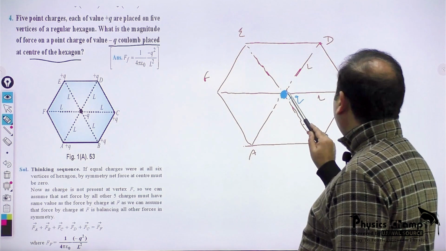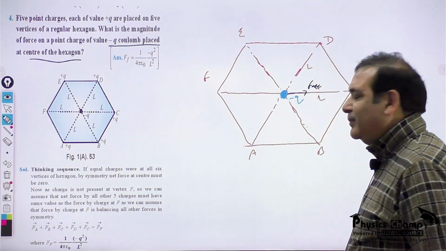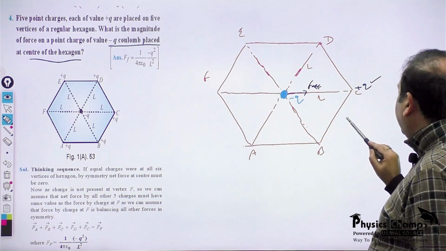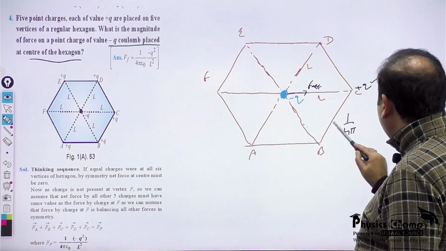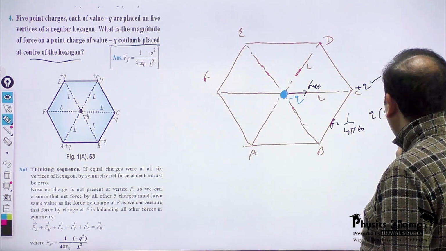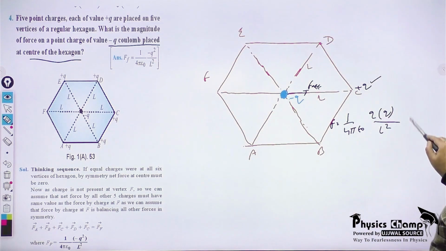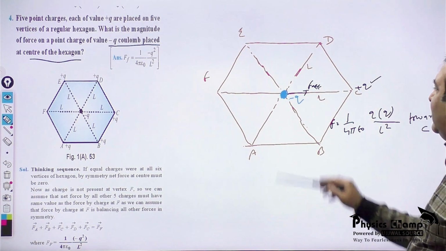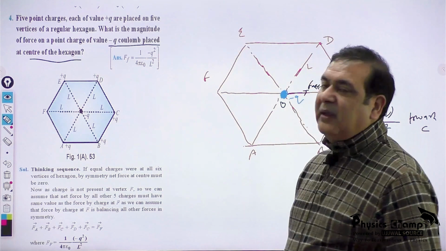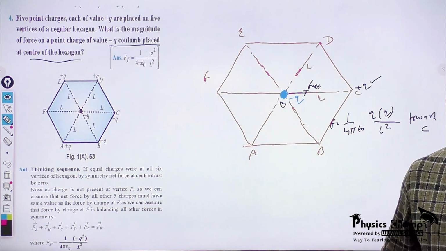So the net force will be only due to this plus q, and it will be 1 by 4 pi epsilon naught into q divided by L square, and this is going to be a force of attraction towards C. So we can get the net force on this charge at the center in question number 4. Simple question. I hope you could understand.